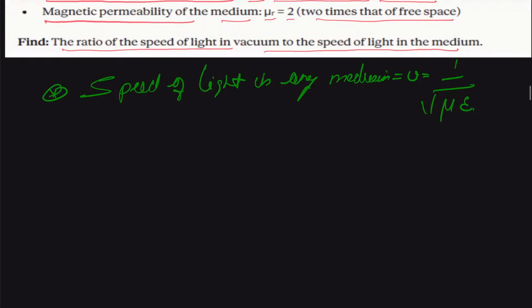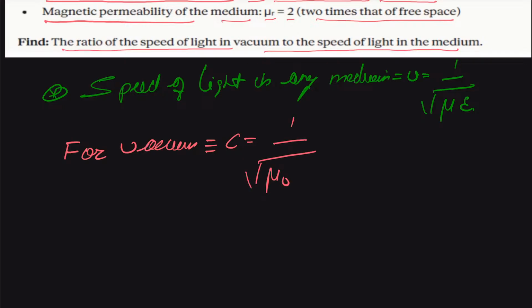And for vacuum, the speed of light is denoted as c, and this c is equal to 1 upon the square root of our absolute permittivity and absolute magnetic permeability.